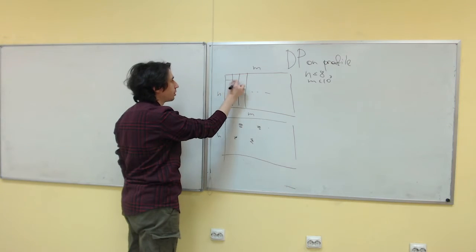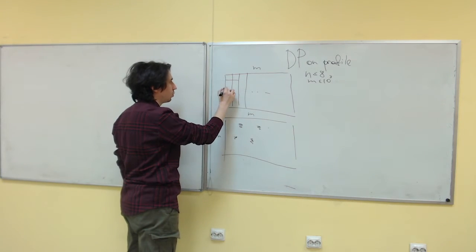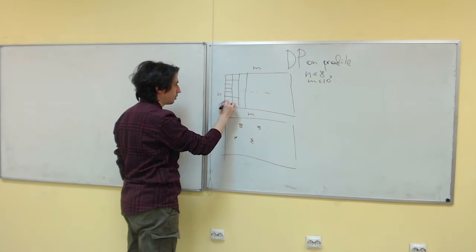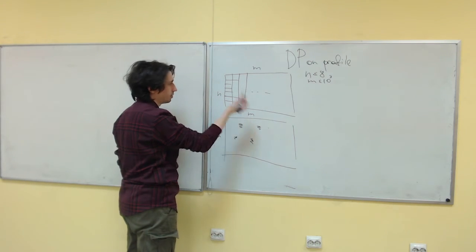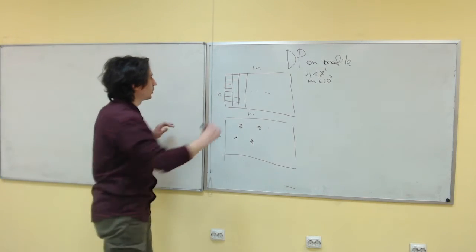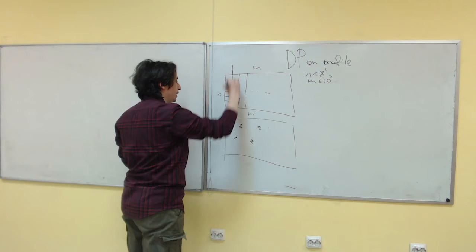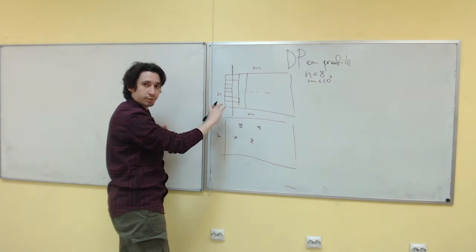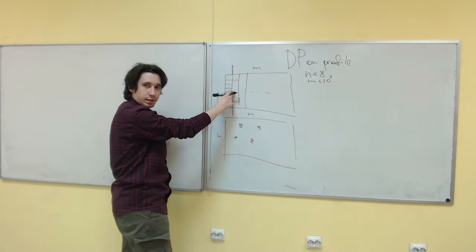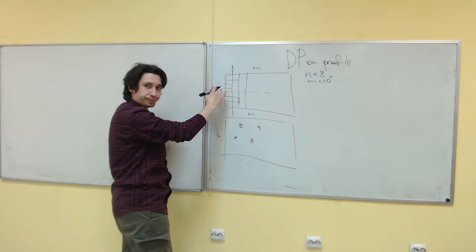For example, we put one horizontally, then one vertically, then another vertically, then horizontally again, and horizontally again. Suppose like that. You see that we already filled the first column fully, and some of the cells are already taken by the dominoes on the left.